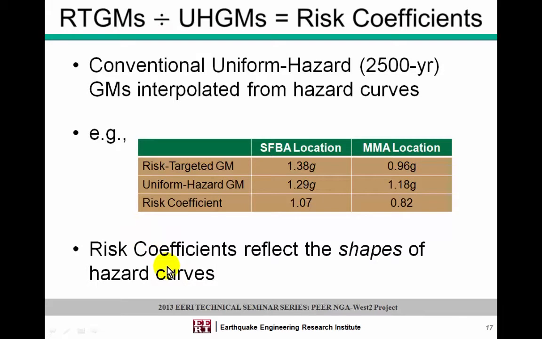Essentially these risk coefficients are kind of a parameterization of the shapes of hazard curves. Again, for these two locations, we had different shapes of hazard curves, and that ends up getting reflected in the risk coefficient. The risk coefficient here being less than 1 for Memphis and a little bit more than 1 for San Francisco. If the shapes of the hazard curves in the two locations had been the same, they would have the same risk coefficient.